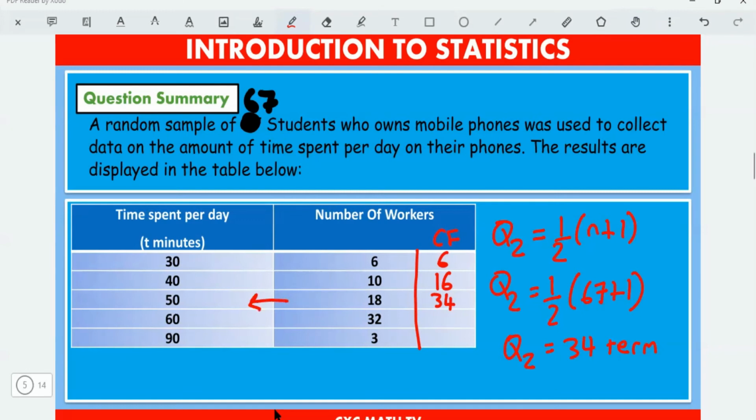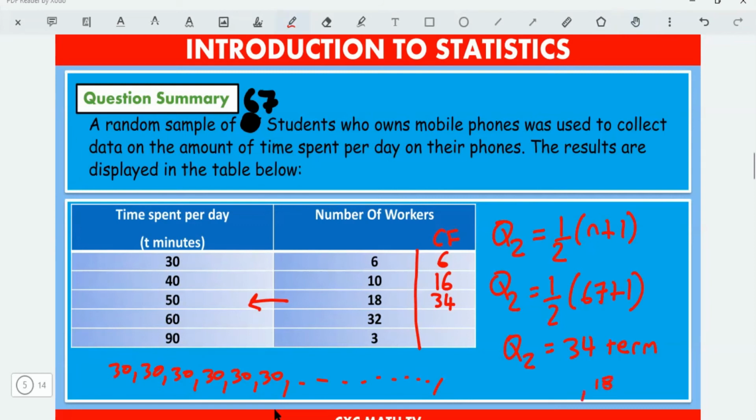What I'm saying then is if you were to list out all 67 of them, you'd write for 6 persons, you'd write 30 six times. You'd write 40 10 times, and then you'd write 50 18 times.